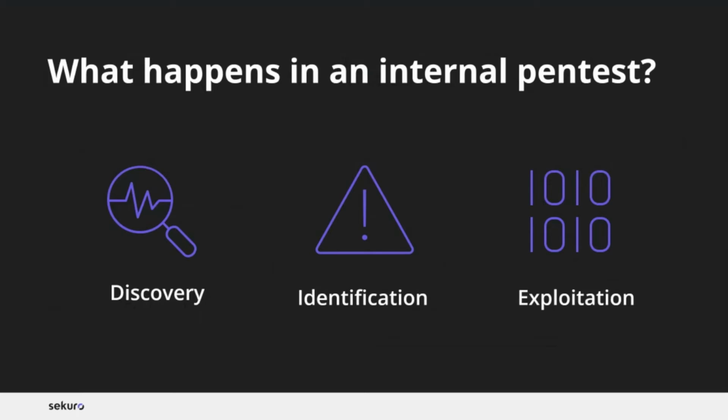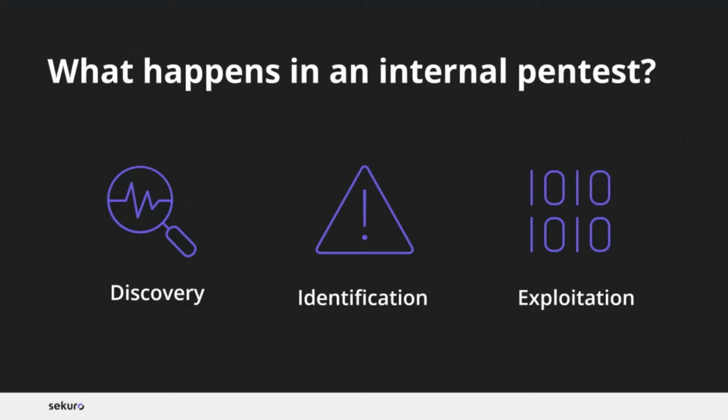And once that discovery information is available, we start looking at identifying the accessible users, those vulnerable or potentially misconfigured systems or abusable configurations, or even focusing on those important services.